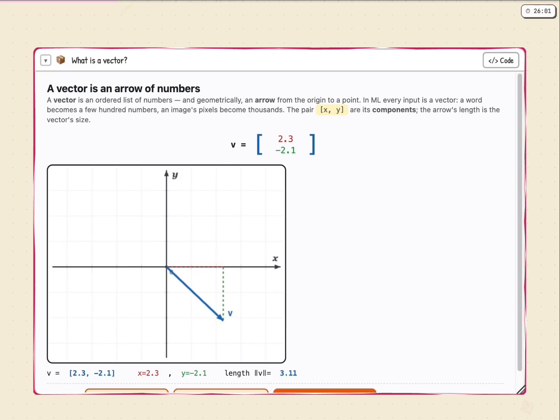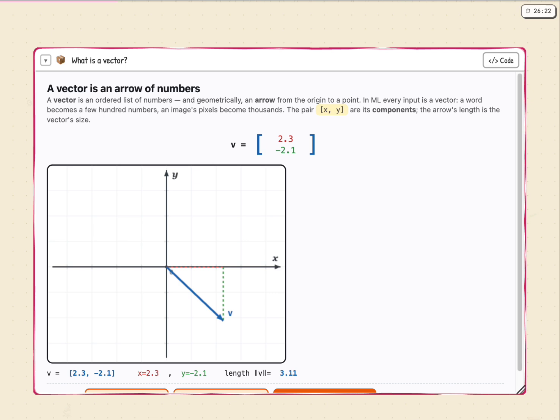And those measurements are the whole game. Here we only have two dimensions, because 2 is what I can draw. But nothing stops a vector from having 3 numbers or 300 or 1000. The maths is identical, we just can't picture a 1000-dimensional arrow. The intuition you build here in 2 dimensions carries all the way up.